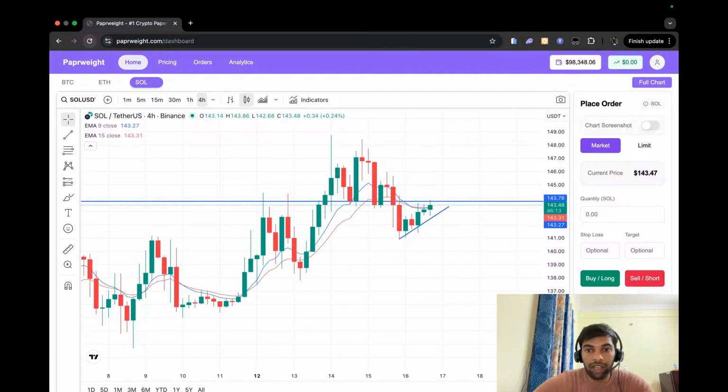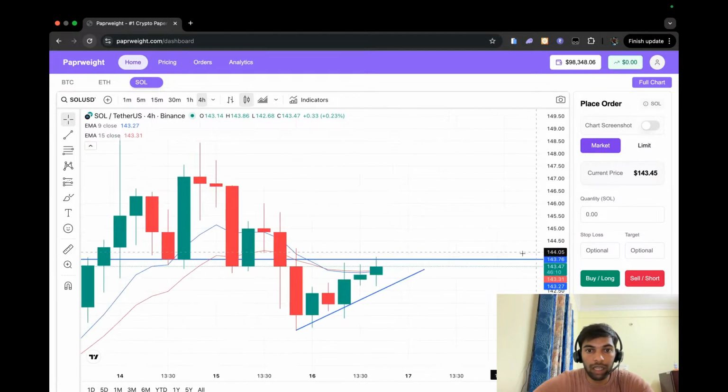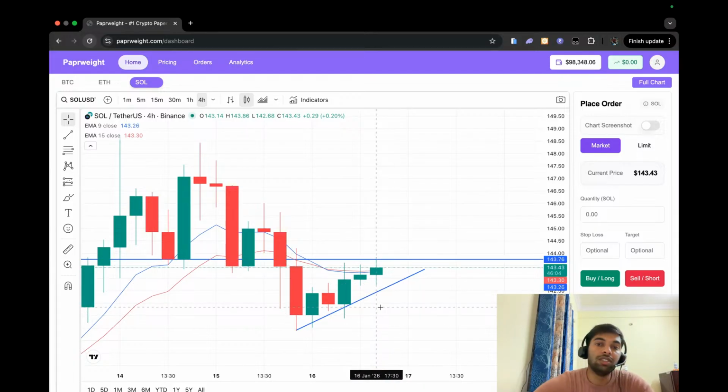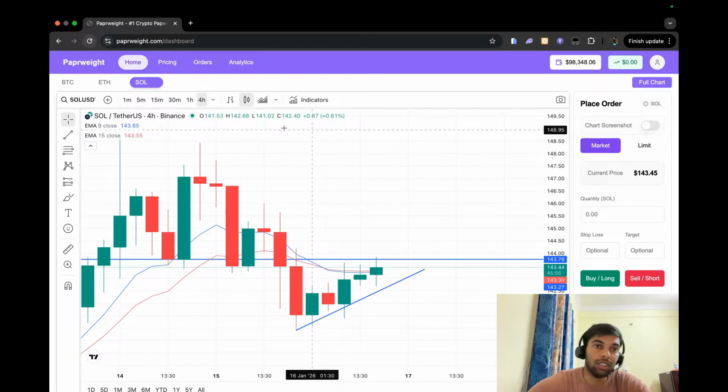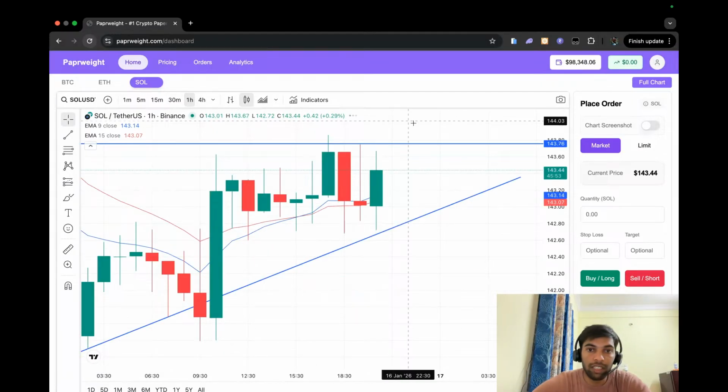So let's see how it will perform. If it breaks this zone, if the market breaks this trend line, then I'm interested in punching my trade in the downward direction. If the market crosses this particular line, then we are interested in the up direction.